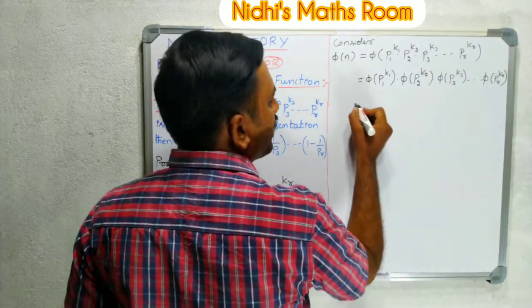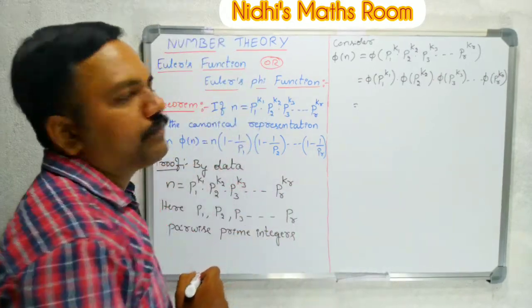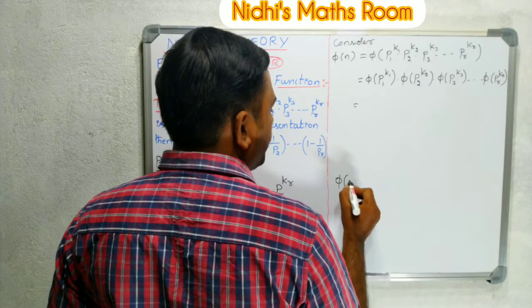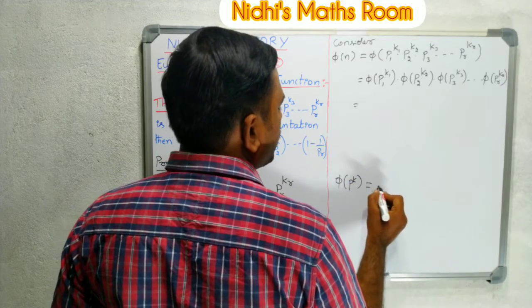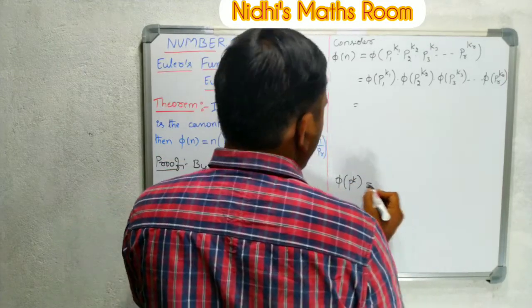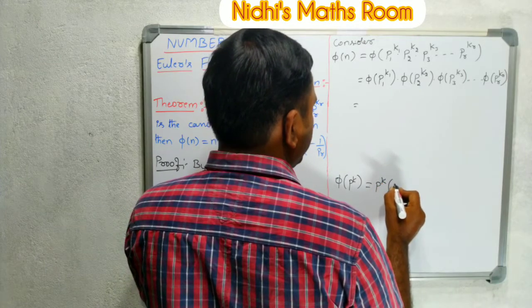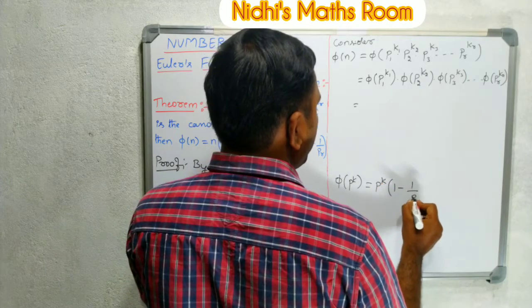Is it clear? From the previous theorem, phi of p power k is nothing but what? Phi of p power k is equal to p power k into 1 minus 1 divided by p.